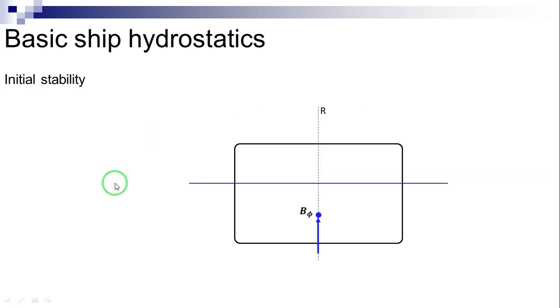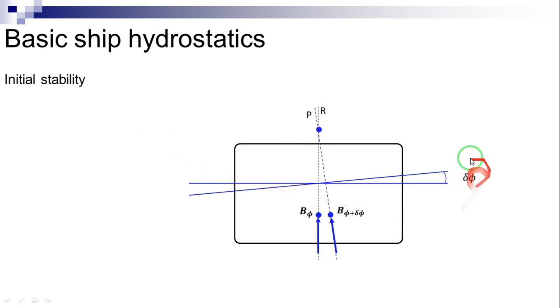For a general floating body, we can reformulate the definition as follows. Let us consider a floating body and let its center of buoyancy be Bφ. Let the line of action of the buoyancy force be r. If the body changes its inclination by an angle Δφ, the center of buoyancy changes its position to Bφ+Δφ, and the new line of action of the buoyancy force will be, say, p.